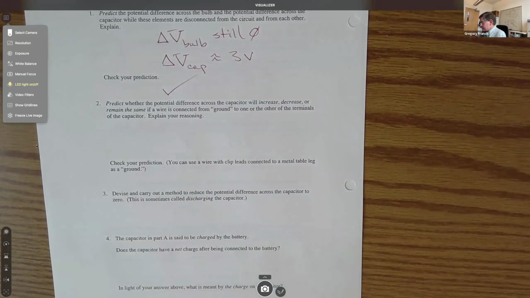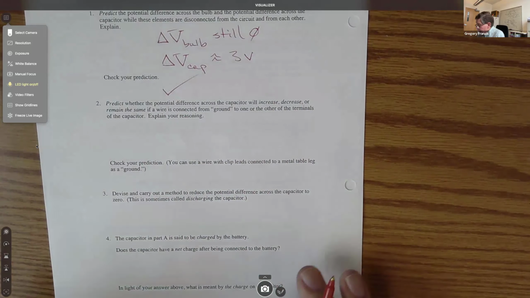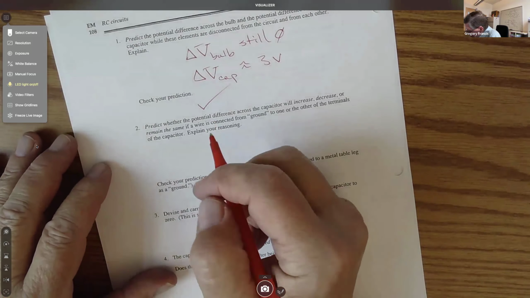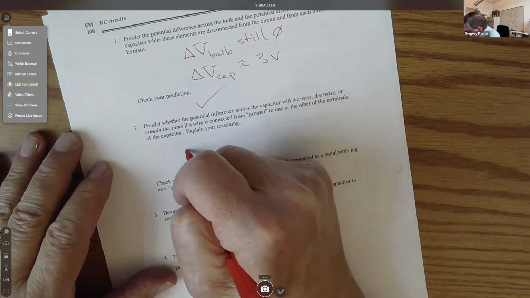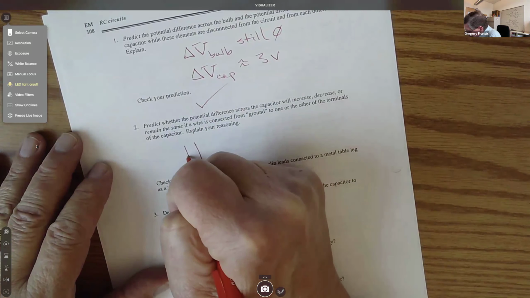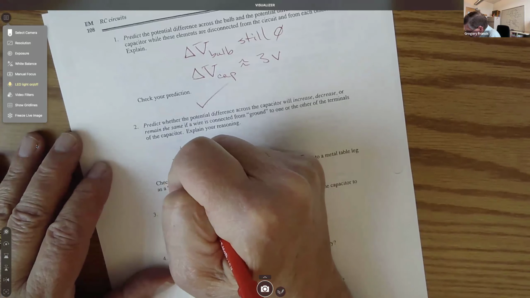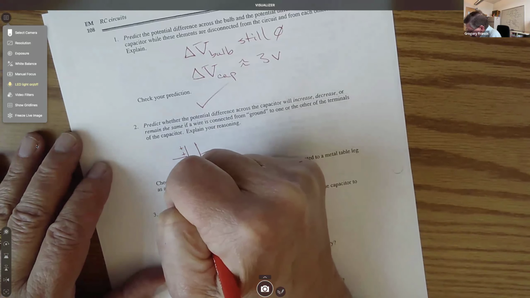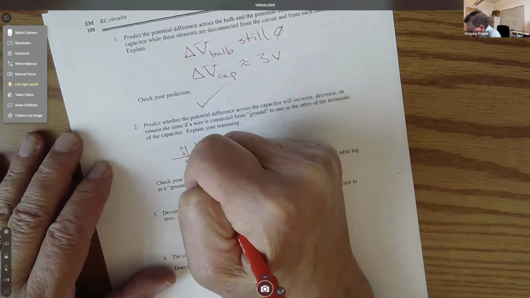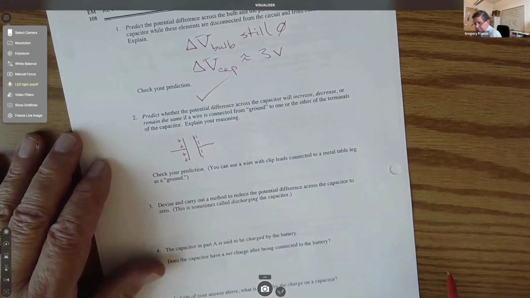I know the answer, so I would like you to predict what you think is going on. I'll draw a picture. We've got this capacitor charged up with positive charge on one plate and negative charge on the other plate.